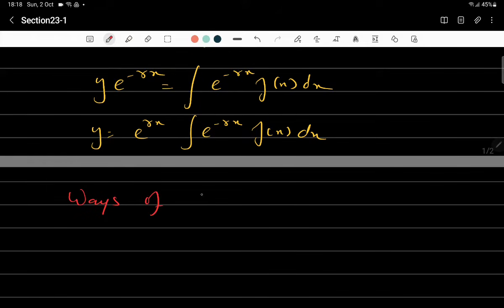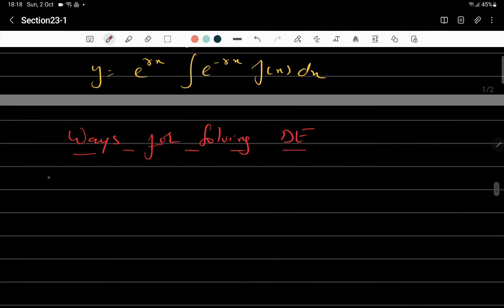Now we'll discuss various ways of solving differential equations. I will start with the first one, which we call successive integration.